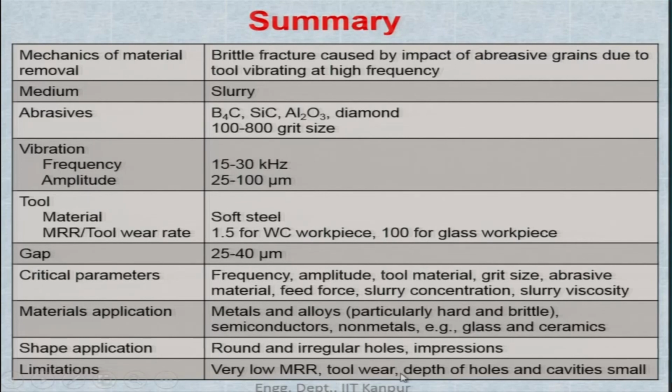Tool wear, because of the high frequency and the abrasives, so the tool wears out. Depth of holes and cavities is small, because at higher depth the energy is not sufficient. That means you have to increase the amplitude and the frequency.